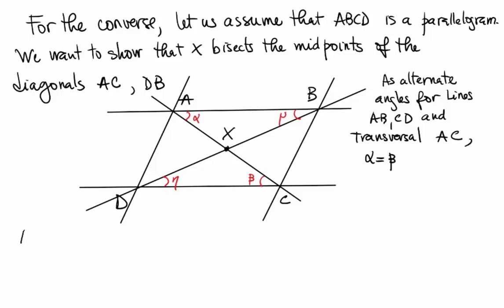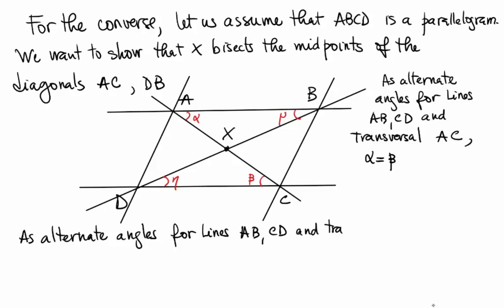And similarly, as alternate angles for lines AB and CD and transversal BD, we have that mu is equal to eta.